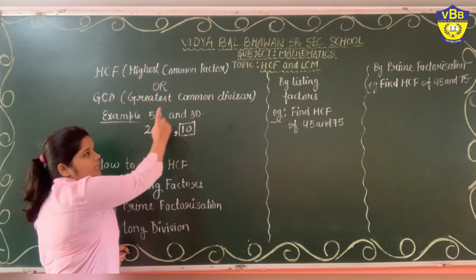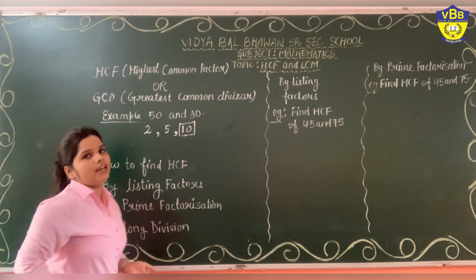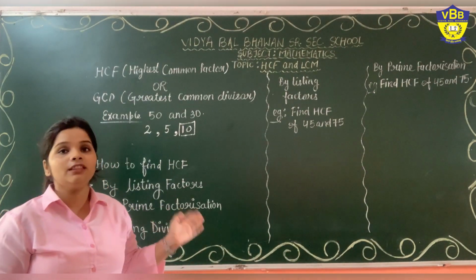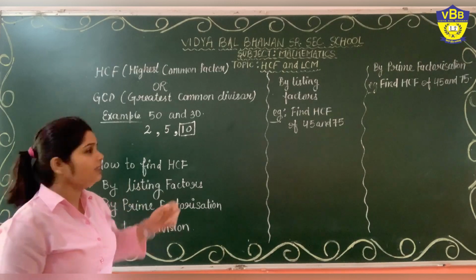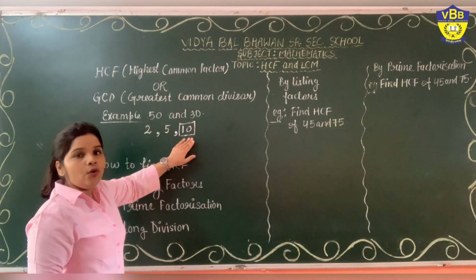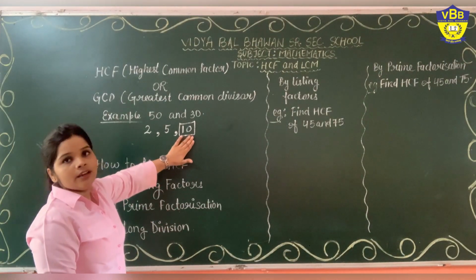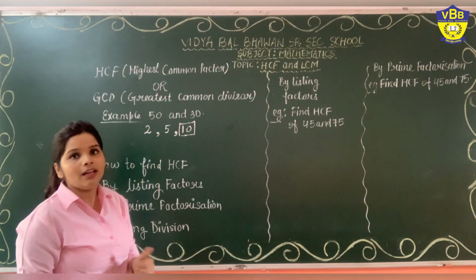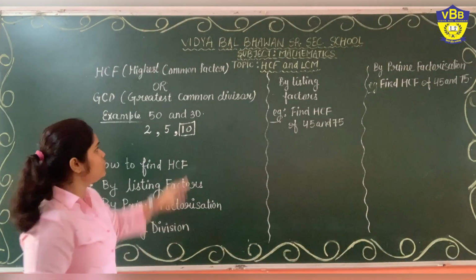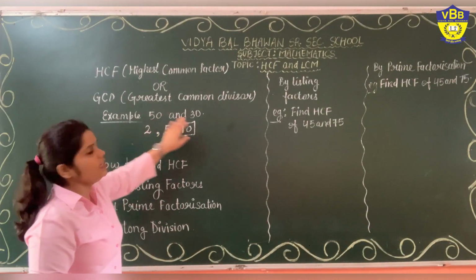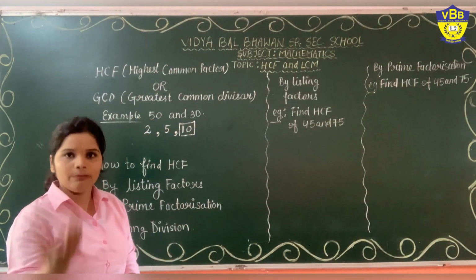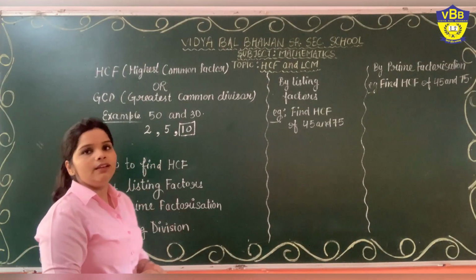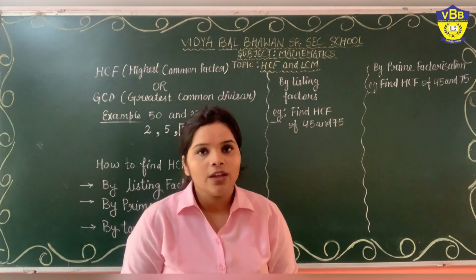Yes, 2, 5 and 10 can all divide, but the greatest number which can divide 50 and 30 exactly is 10. No other number after 10 can divide 50 and 30, or no other number after 10 has both 50 and 30 in its table. So this is the greatest common divisor, or HCF.